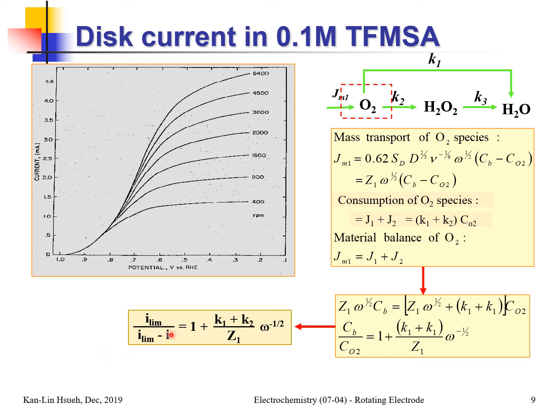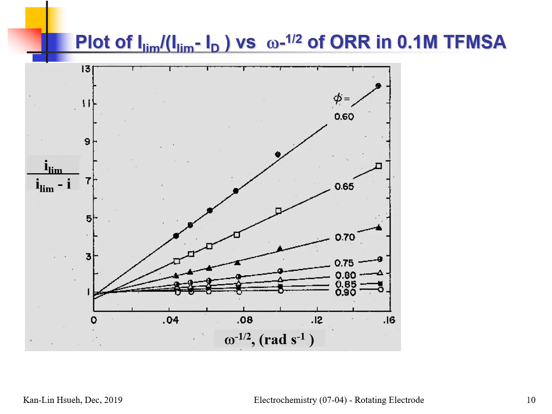If we plot the I limit term against omega to the minus 1/2, you may end up with an intercept of 1, and the slope depends on the electrode potential. Let's see how the experimental data come out in this plot. This is a plot of the previous equation. If I plot the I limit term against omega to the minus 1/2 at different potentials, we end up with this, and the intercept is almost close to 1.